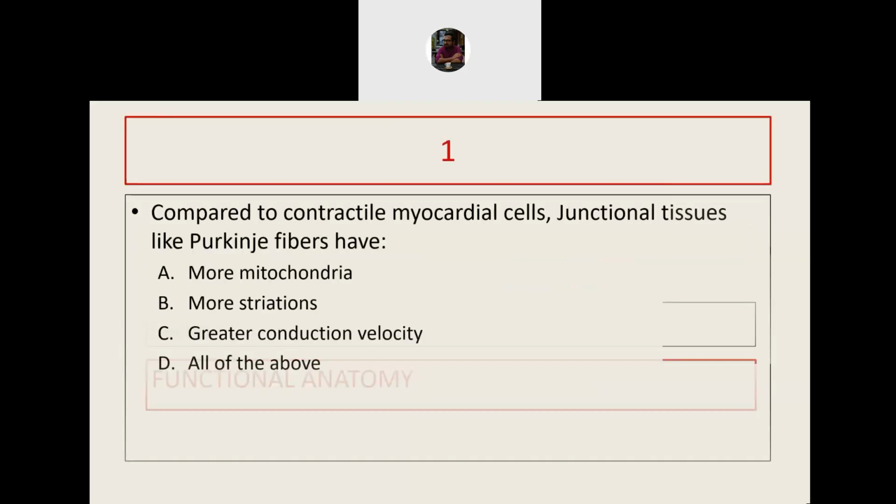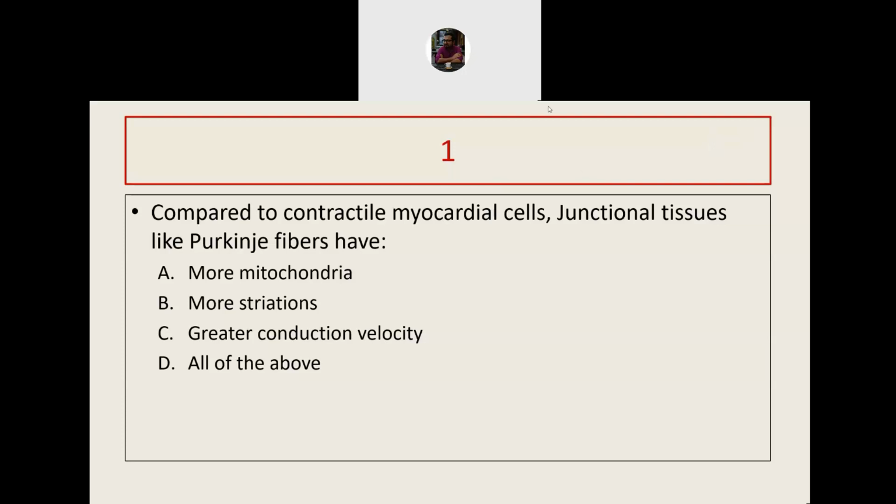So this is your first question. Simply type A, B, C, or D to represent your answer. Compared to the contractile myocardial cells, junctional tissues like Purkinje fibers have: A, more mitochondria; B, more striation; C, greater conduction velocity; and D, all of the above.